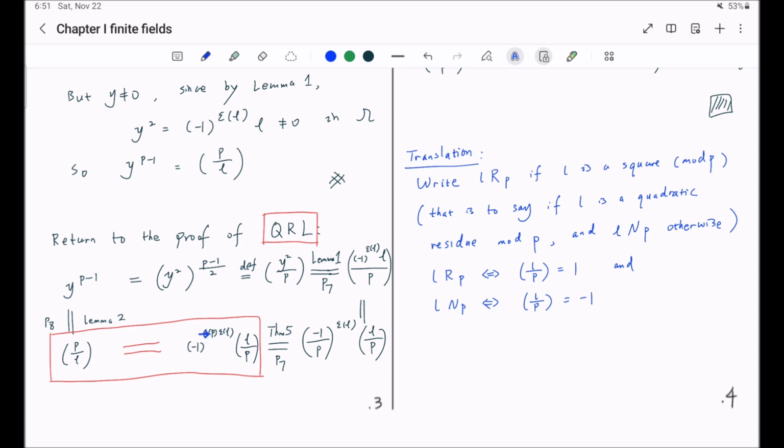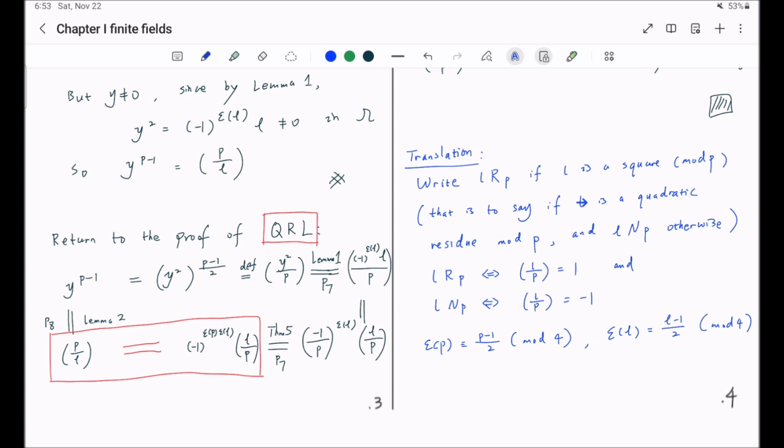And if you look at this exponent epsilon P or epsilon of L, we know epsilon P is an even number if and only if P is congruent to 1 modulo 4, and similarly for epsilon of L. So this part is positive 1 as long as one of P and L is congruent to 1 modulo 4. And if they are both congruent to -1 modulo 4, then they are both odd numbers, and this product is also an odd number. So this part becomes -1.